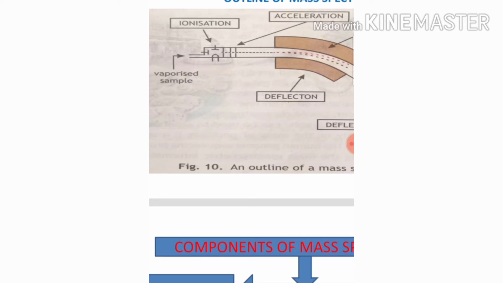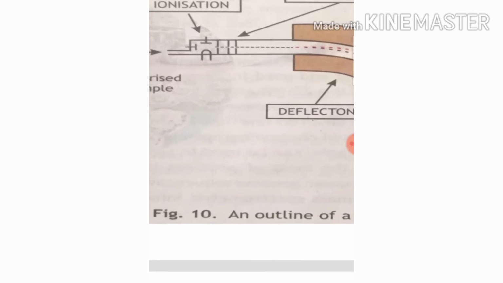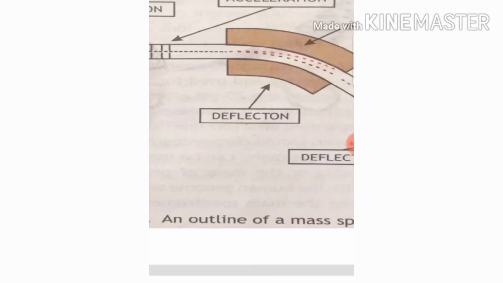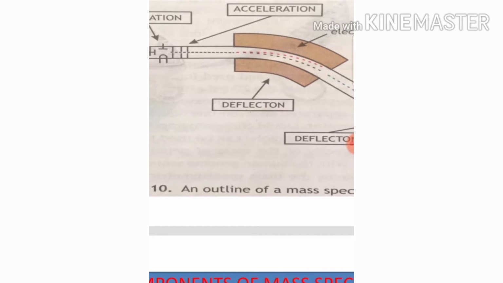When we put the sample of protein or DNA or any chemicals in ionic form inside the vacuum of this mass spectrometer, the vapor ionic form gets momentum.